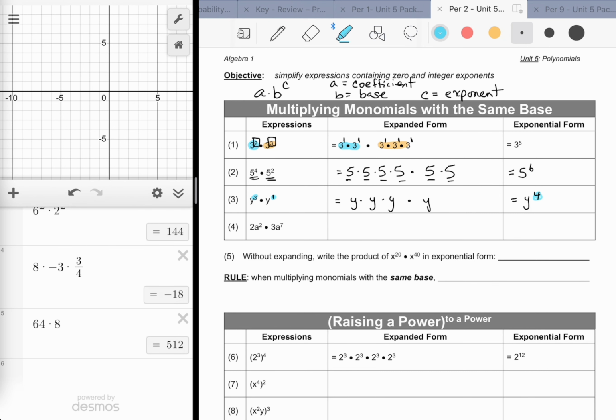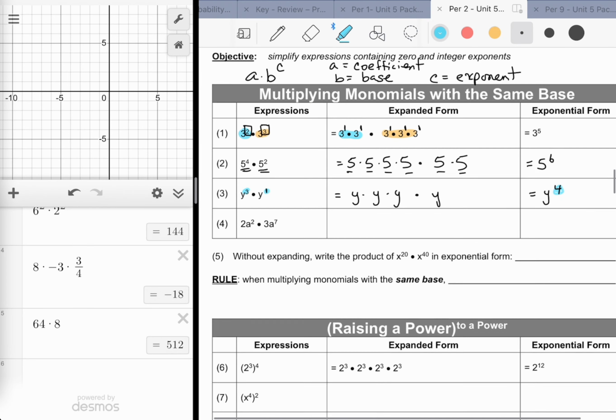All right. So then you look at a situation that involves some coefficients: 2a to the 2nd times 3a to the 7th. I could look at this and really just say 2 times, well, a to the 2nd is a pair of a's. 3a to the 7th would be times 3, and then 7 of those a's, so 1, 2, 3, 4, 5, 6, 7, all multiplied.